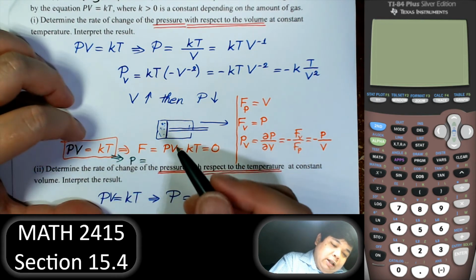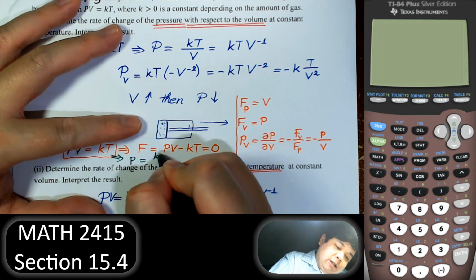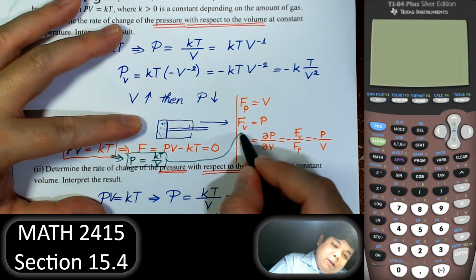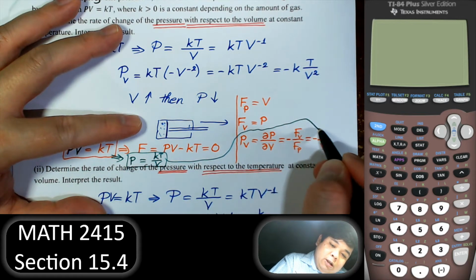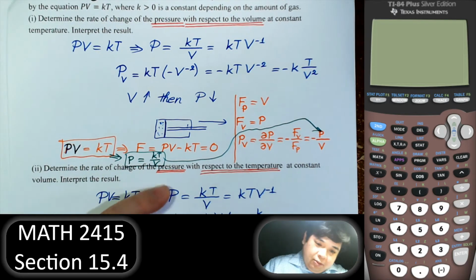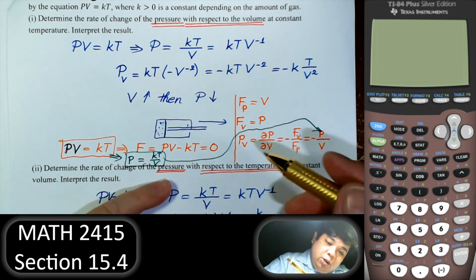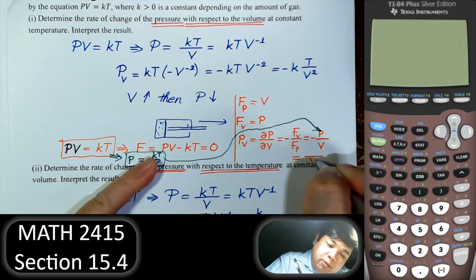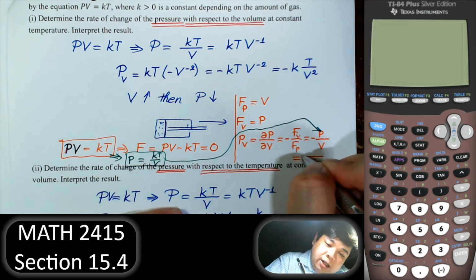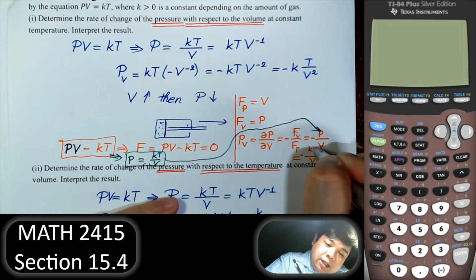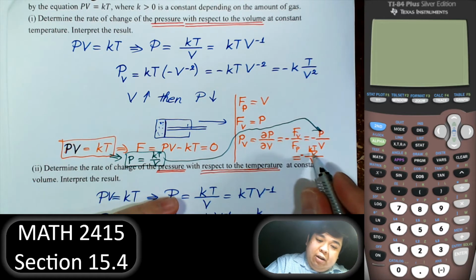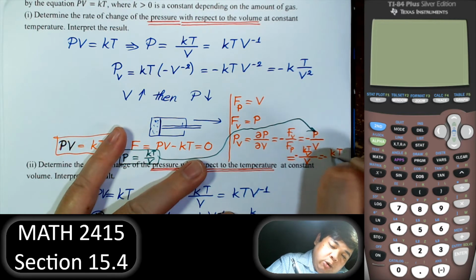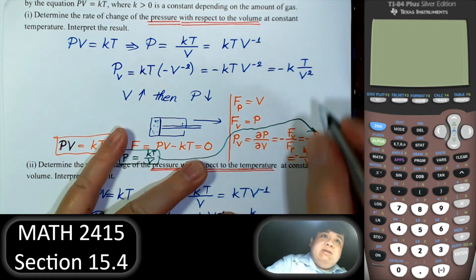KT over V. And we substitute this into P. So we'll have V at the bottom. On the top, that's negative KT over V. And multiply reciprocal, we're going to have negative KT over V squared. So exactly what we have over there.